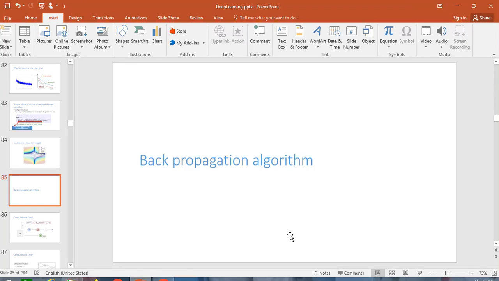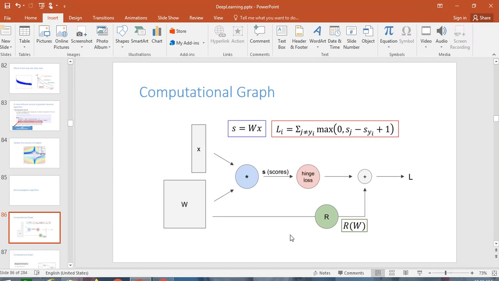Okay, let's talk about back propagation algorithms. It doesn't matter how many parameters w we have in the loss function, these gradients are used automatically.